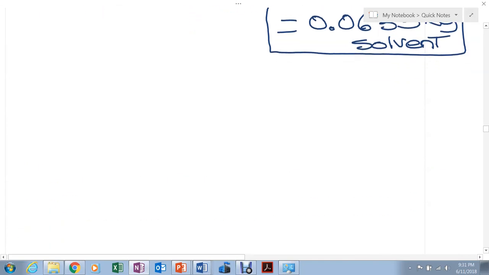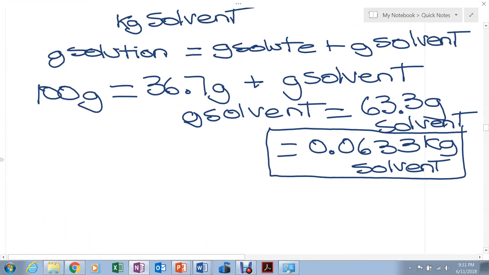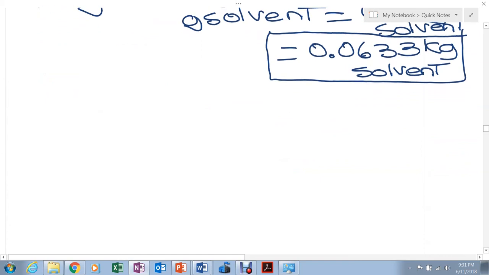And then of course, we had to calculate the moles because here it's not given. It's 36.7 grams of KBr, so we need moles to use the formula of molality. The moles would be equal to 36.7 grams. Now the molar mass of KBr: potassium is 39.9, and Br is 79.904.